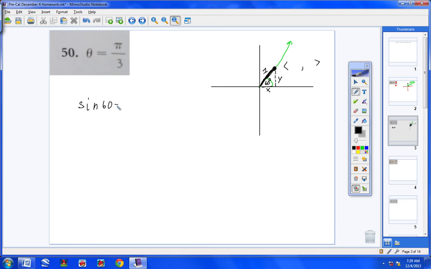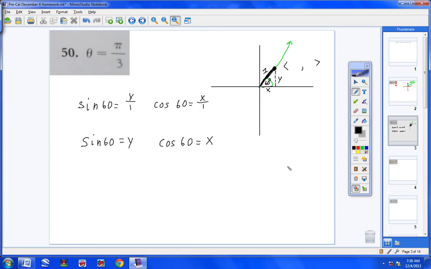Sine of 60 equals opposite over hypotenuse. Cosine of 60 equals adjacent over hypotenuse. Multiply both sides by 1 over here and you're left with sine of 60 equals y. Multiply both sides by 1 over here and you're left with cosine of 60 equals x.